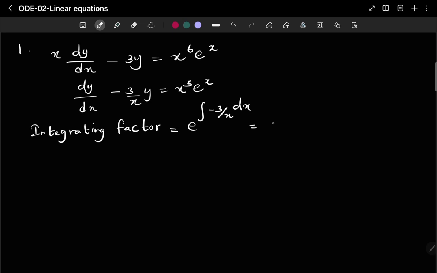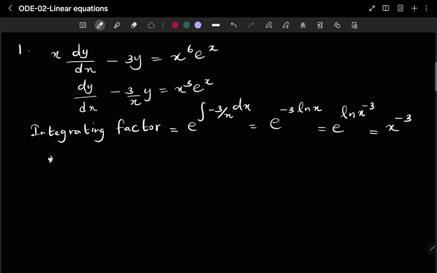Integrating minus 3 over x dx, we get minus 3 ln x, and here e to the power ln x to the power minus 3, and we get the final answer as x to the power minus 3. Now step 2 is to multiply both sides of the equation by this integrating factor.